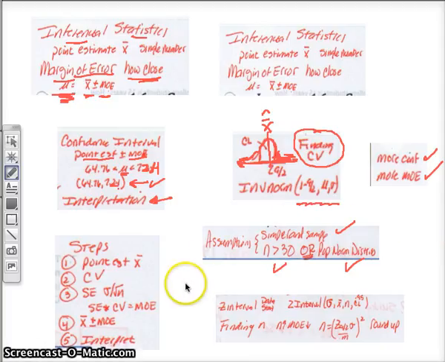Now, what are some other things I need to know? Well, when we're working problems, we need to remember these steps. So find our point estimate, find our critical value, find our standard error of the mean, and then use that to find the margin of error.